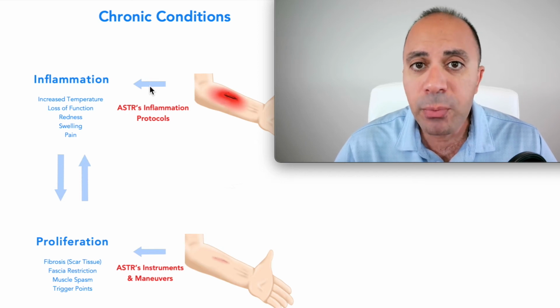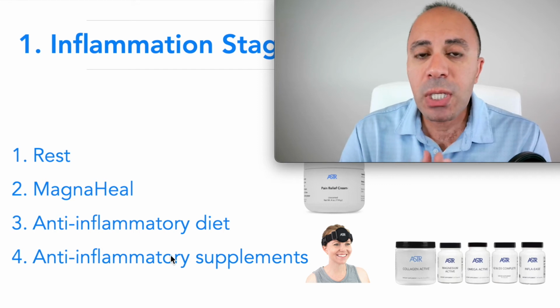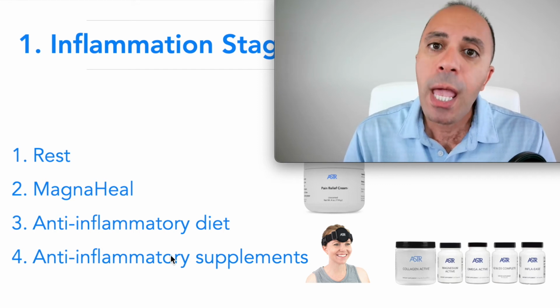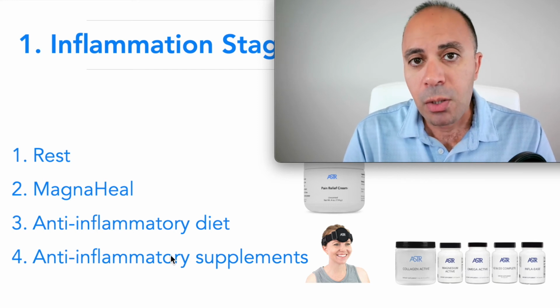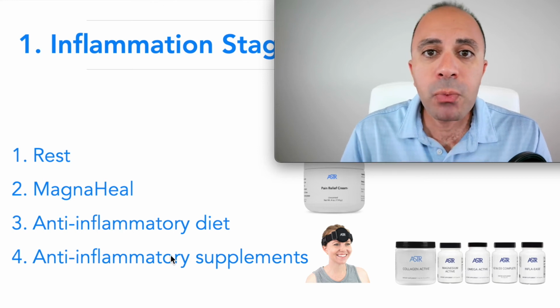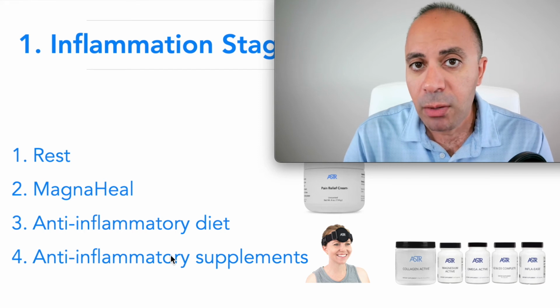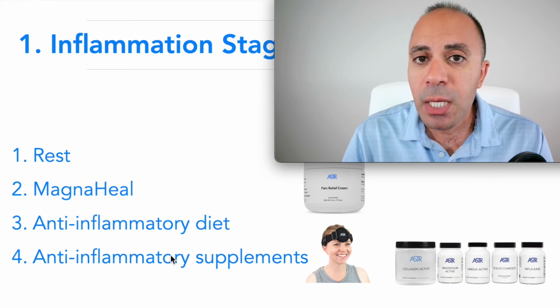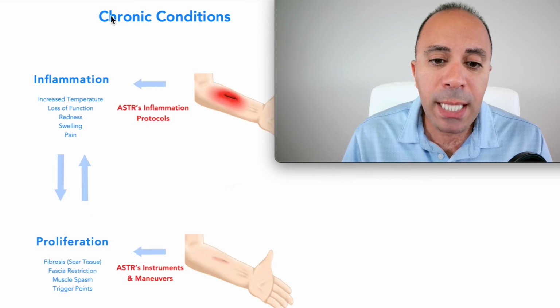So how do we treat the root cause of the problem? We have to break this vicious cycle. First, for the inflammation stage, if you have a minor inflammation, just rest for a week. Don't do repetitive motion. Take it easy. One week should be enough to calm things down if you have minor inflammation. For moderate to severe inflammation, we have to be aggressive in breaking that vicious cycle.